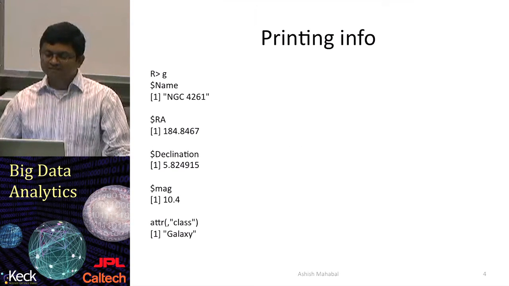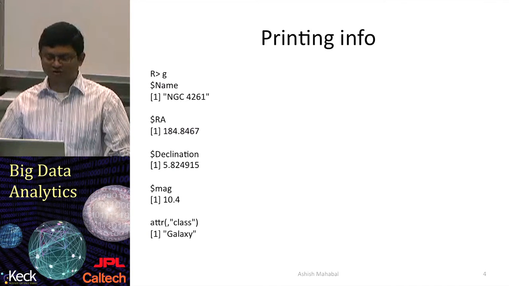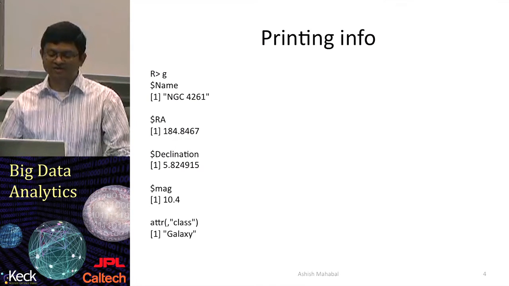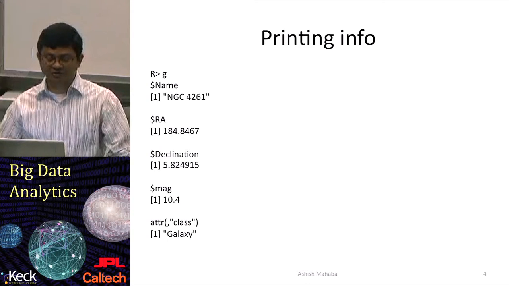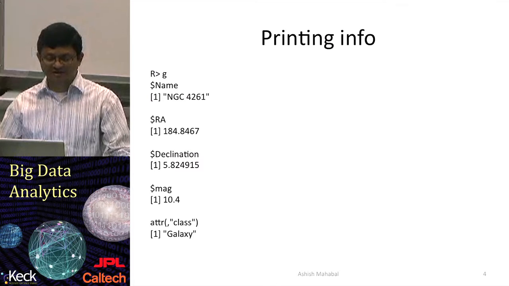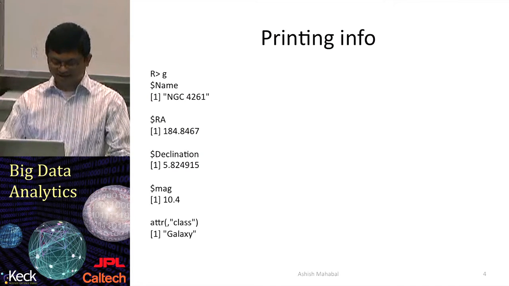And then you can print info about that particular object. So if you were to simply say g, which is equivalent to, say, print g, then it will tell you that the name that is available is ngc4261, the array value is given there, the declination value is given there, and the magnitude is given there, and that the attribute of the class is galaxy.